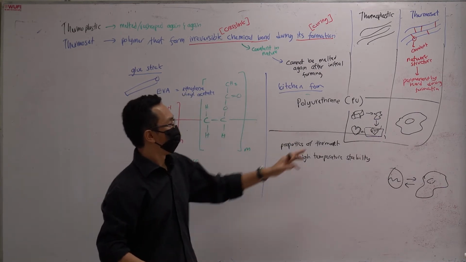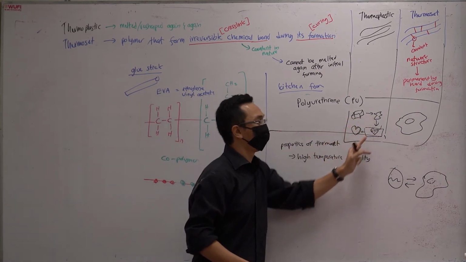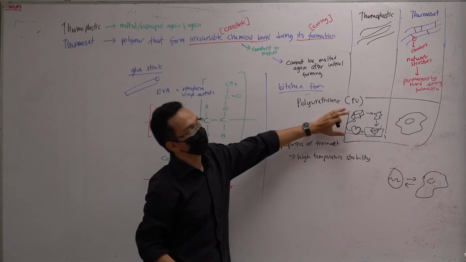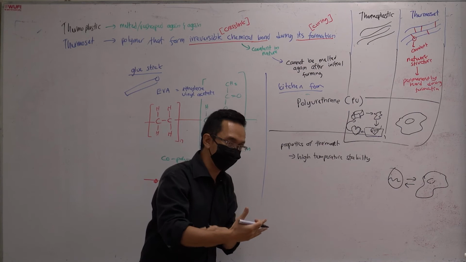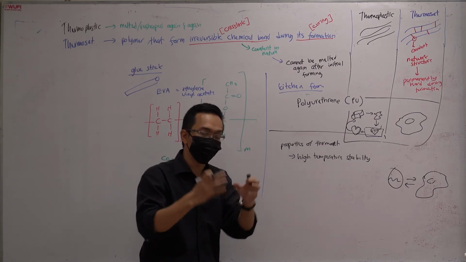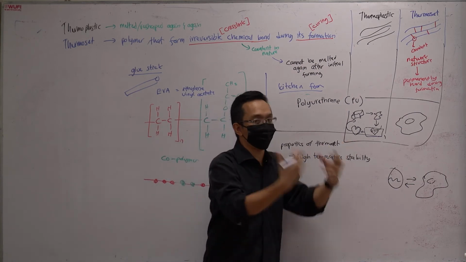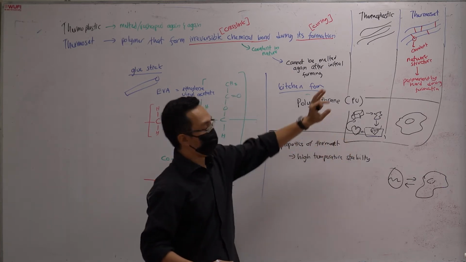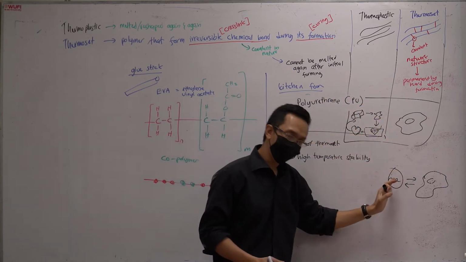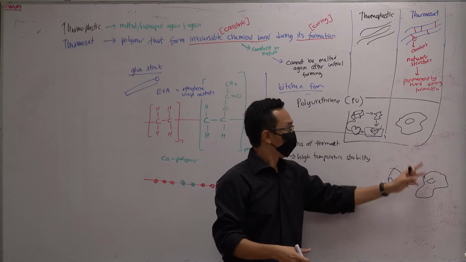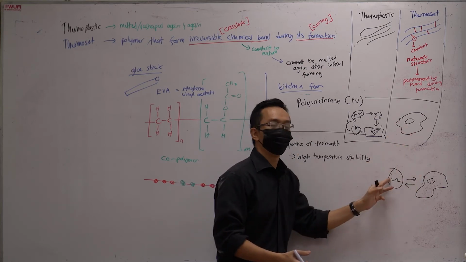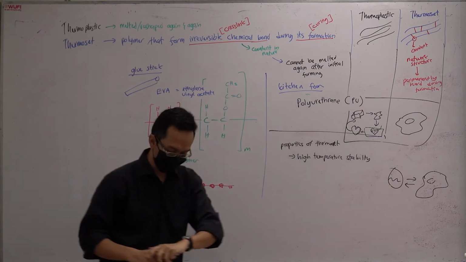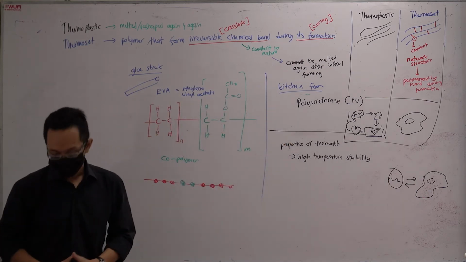So you can melt and remelt again and again. That is the idea of thermoplastic. Because you can remelt it, you can reshape it into whatever mold you want. But thermoset is like the egg: you fry it, it becomes like this, and it cannot get back into the original egg. Okay, so that is the analogy for thermoplastic and thermoset.